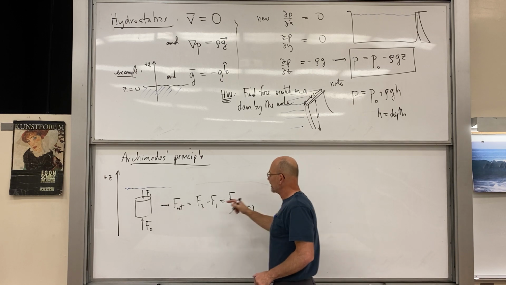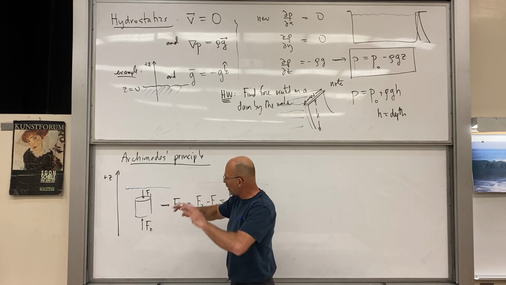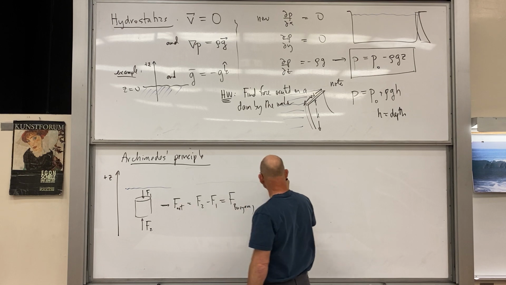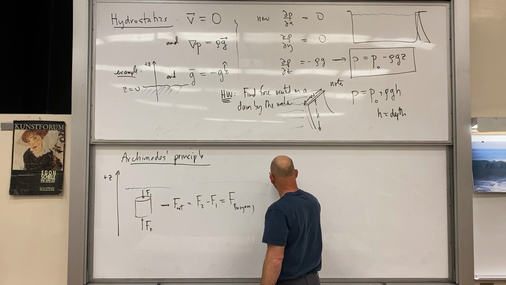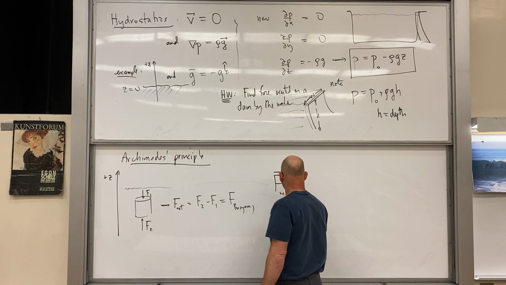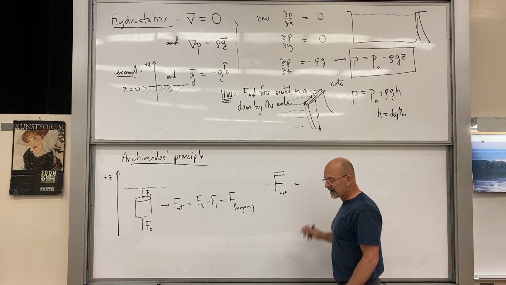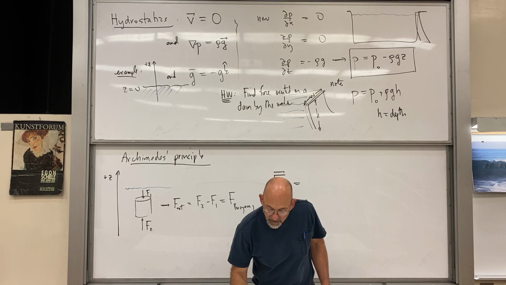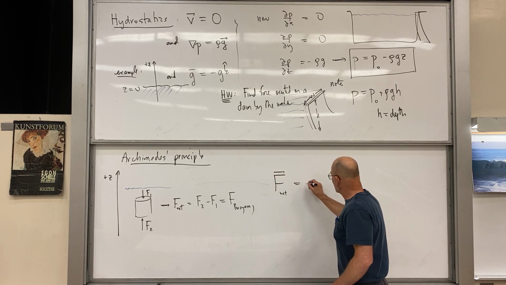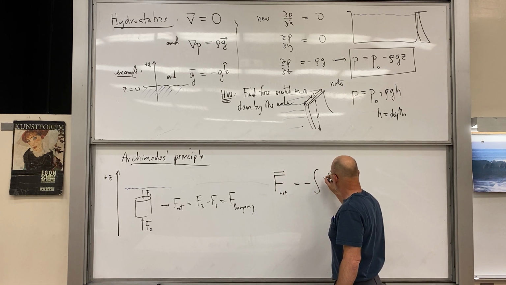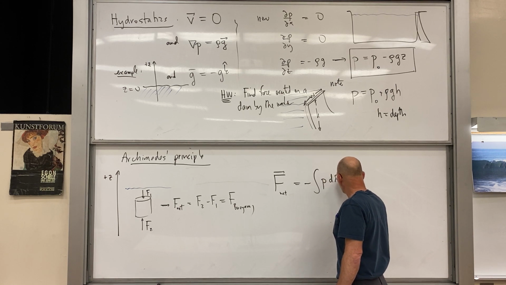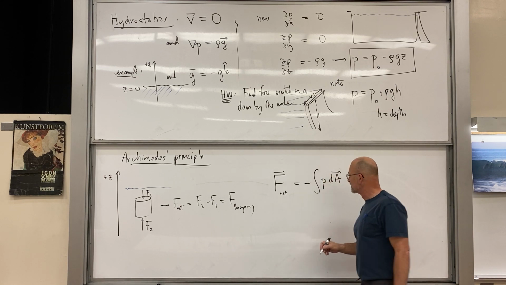So we have on this object, say it's some arbitrarily shaped object, the net force is equal to the integral, and we're going to have a minus sign, aren't we? Yeah, we're going to have pressure d area, okay, like that.